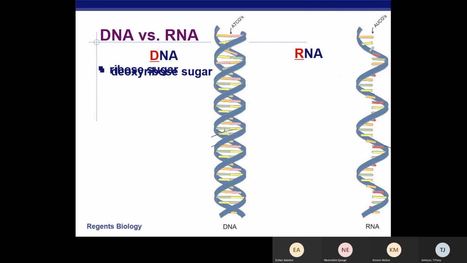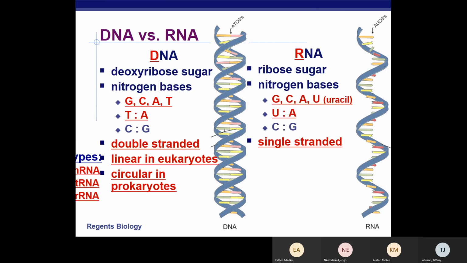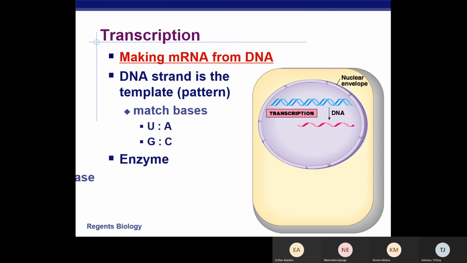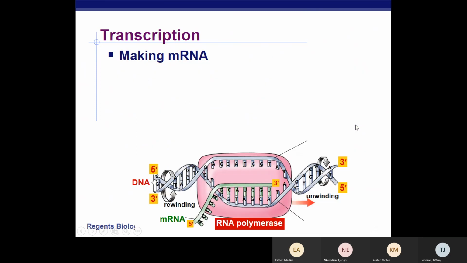We went through this, so I don't have to do that again. We said that transcription was the making of mRNA from DNA. So here's our DNA here, and we're going to open it up and start copying the information from DNA into messenger RNA.